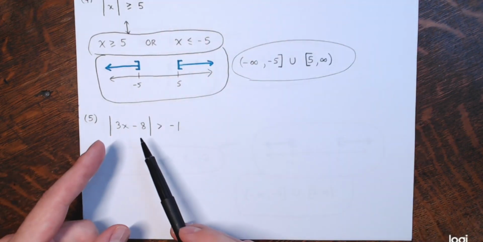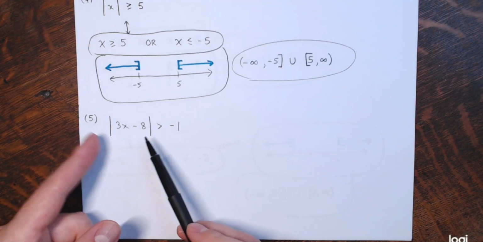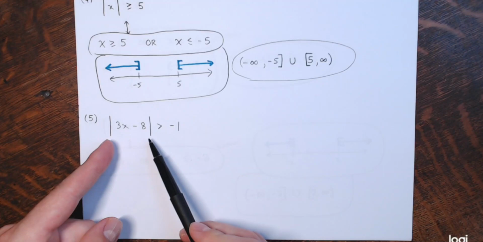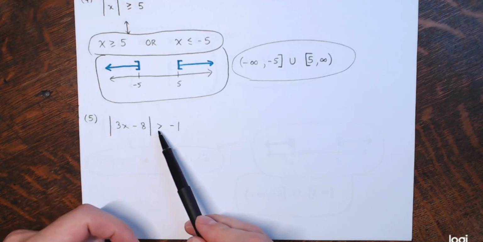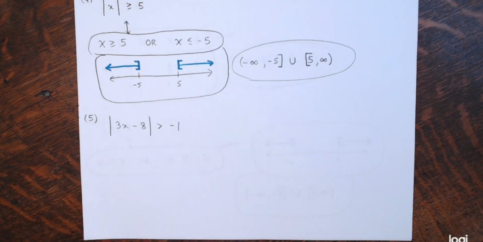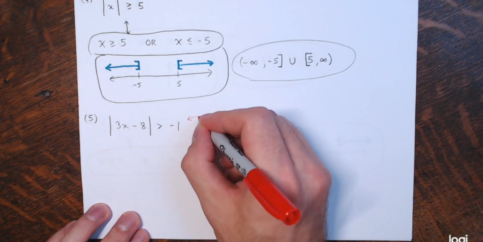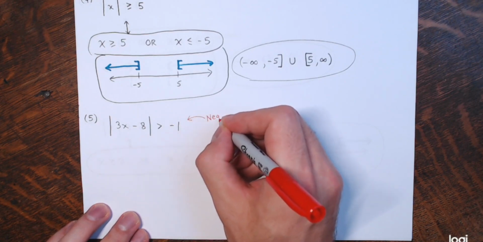Okay, so I've got the absolute value already alone. I don't need to do any adding, subtracting, multiplying, dividing, right? The absolute value expression is already on the left by itself. I have is greater than, and then, a negative number on the right side.